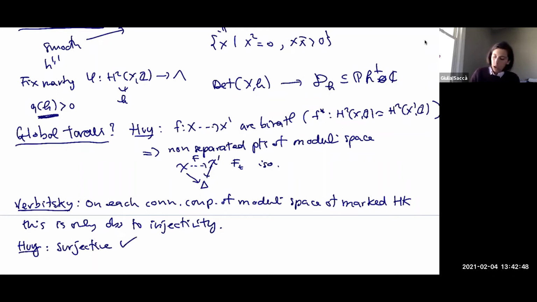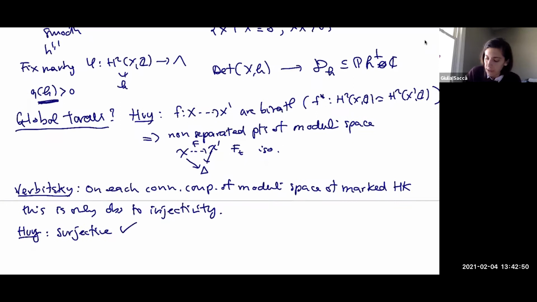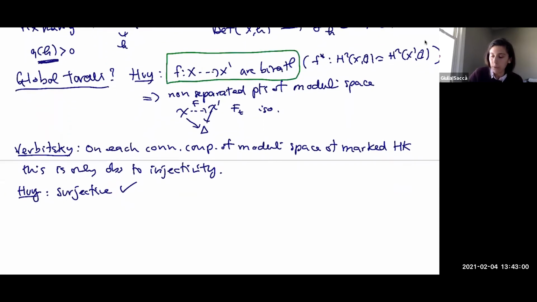Okay, so we see that the issue is about birational morphisms, and how do you get rid of this? Well, this is one of the reasons for considering, instead of just marked hyperkählers, marked polarized hyperkählers.